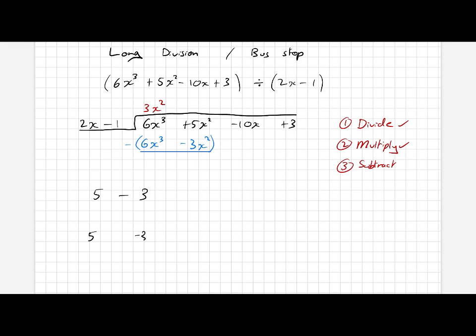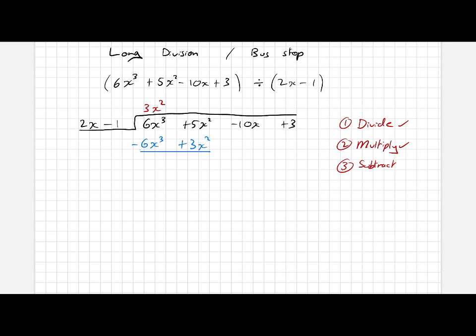But if this is a negative 3 and I try to subtract it, subtracting a negative number is the same result as adding. So what some people like to do here is apply the minus to both. If I'm going to subtract this 6x cubed, it's just going to be subtracting 6x cubed. But if I go to subtract this negative 3x squared, then it's the same as adding 3x squared, and that looks a little bit easier.